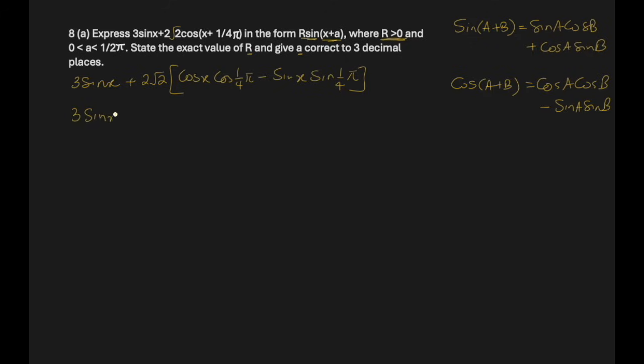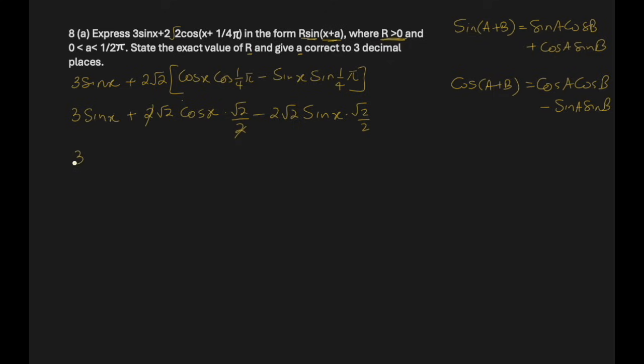So 3 sin x remains 3 sin x, 2 square root 2. Let's open also. So cos x remains cos x, cos 1/4 pi is square root 2 over 2. Minus 2 square root 2 again, sin x remains sin x, and sin 1/4 pi is also square root 2 over 2. So this 2 cancels with this 2.